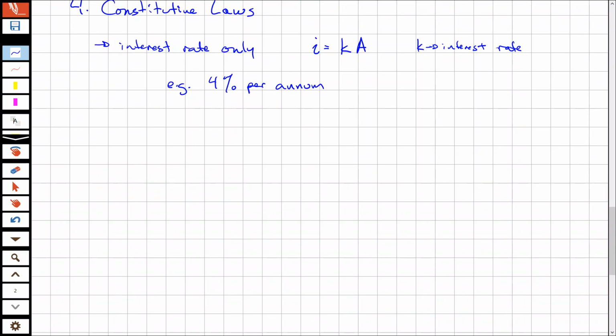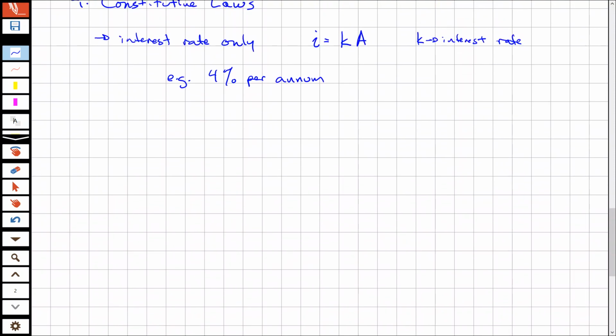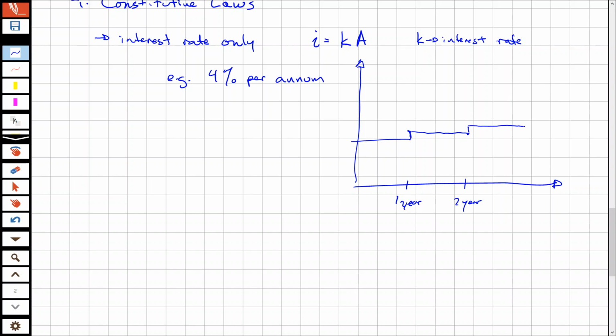Okay, and again, I'm going to have the continuous versus discrete discussion right now. In a typical account, we would see something like this. We flatline, and then this would be 1 year. Oh, hey, I earned 4% interest, however much that is. And then we'd have to wait another year to gain that interest again, and then another year to gain that interest.